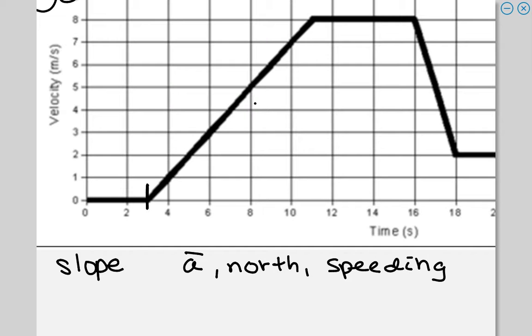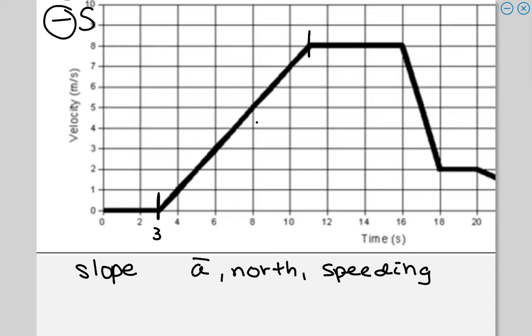This one, right there, that value is 3. And this one, that value for x is 11. So the change in x is 8 seconds. What's the change in y?